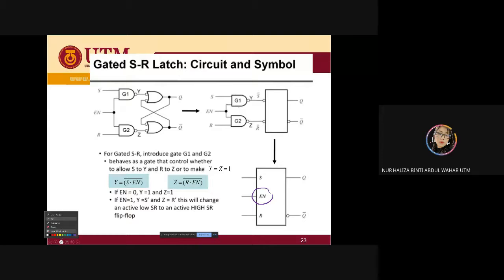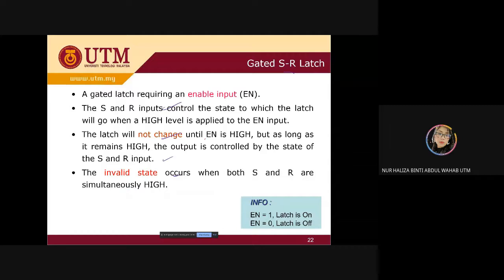It is enable, or we can call it the enable input. If it is high, then you can consider any changes to your output. But if it is low, there is no change at all, like off. You're going to turn off your latch. So you can see here, EN 1 the latch is on, EN 0 it is off.